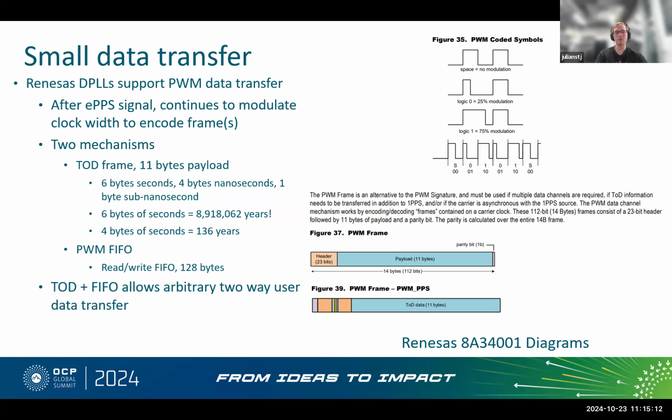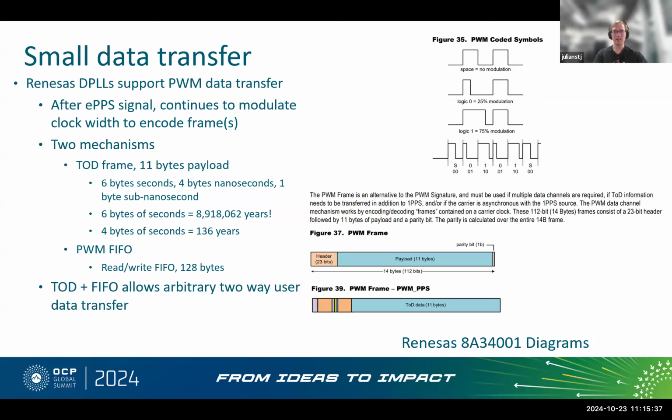Basically, it uses a feature of the Renesas DPLLs that encode frames into the PWM. So instead of just having one edge of the clock be adjusted in duty cycle to demark PPS, they will adjust multiple edges with a modulation shown in the top right and basically make a frame of it. The first edge, I believe, is the PPS edge, and after that is frame data.